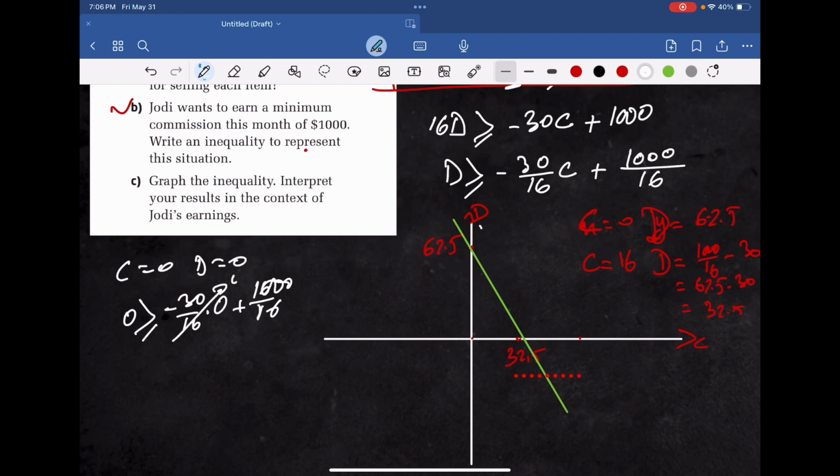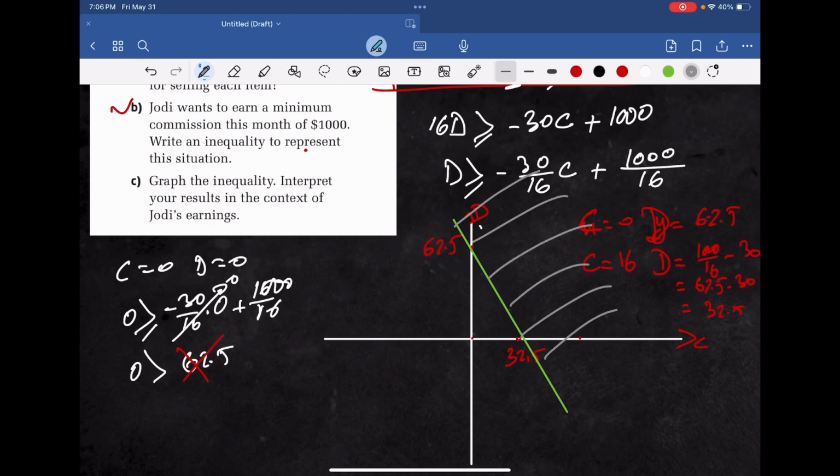This is 62.5, so 0 is greater than 62.5, which is not correct. So the solution will be this section of the graph.